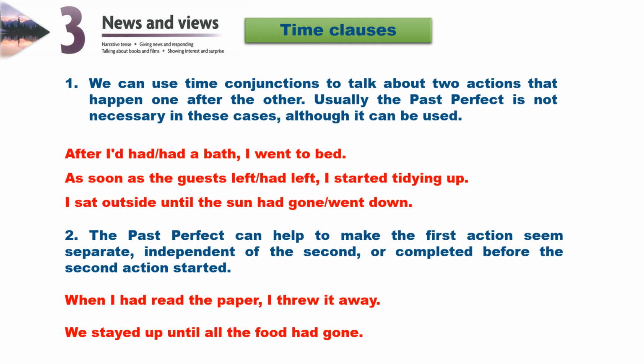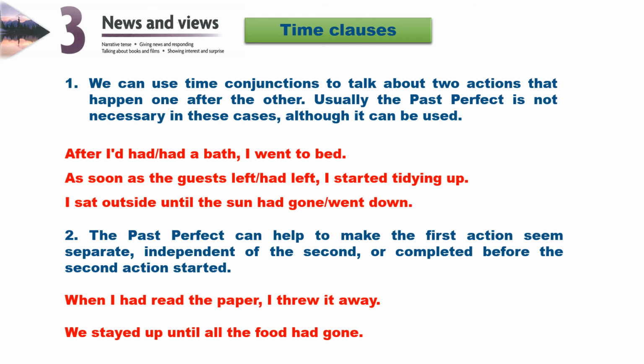For example, when I had read the paper, I threw it away. So as soon as I finished reading, I threw it away. So the two actions are separate, or they are not dependent on each other.